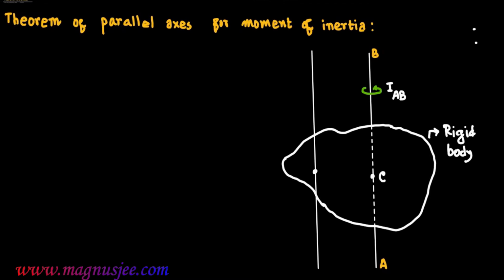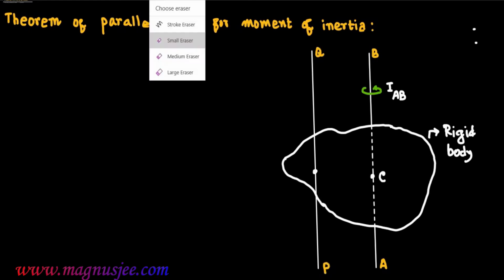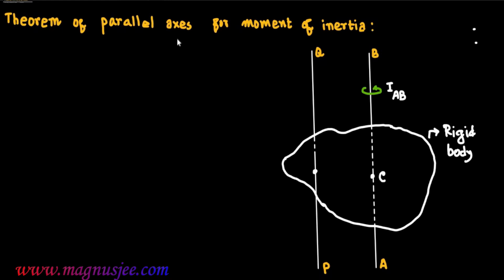Similarly, we can consider another axis PQ which is parallel to the axis AB. The axis PQ is passing through the point D, and if the rigid body rotates about the axis PQ, then the moment of inertia of the rigid body will be IPQ.